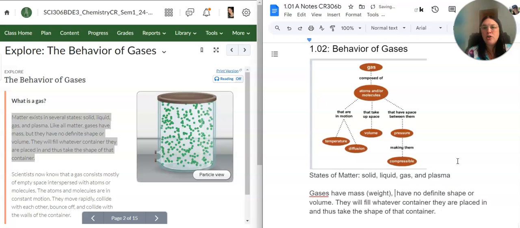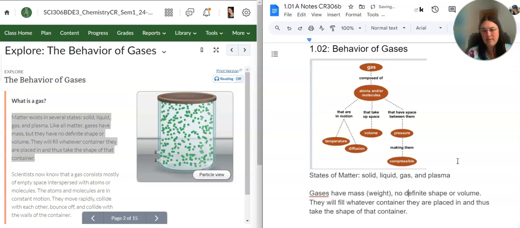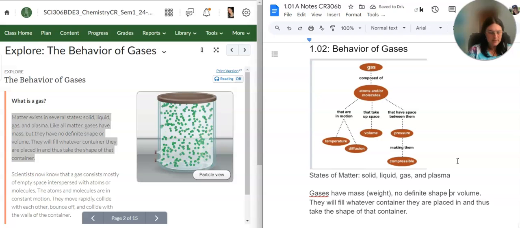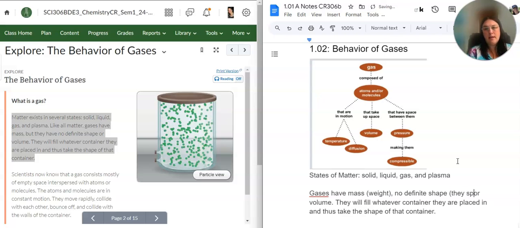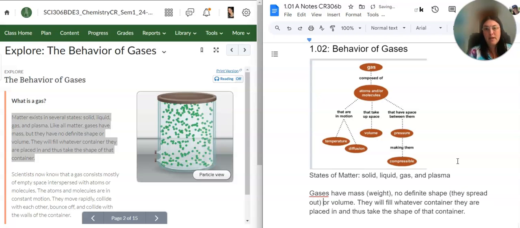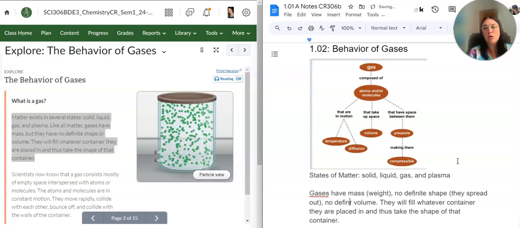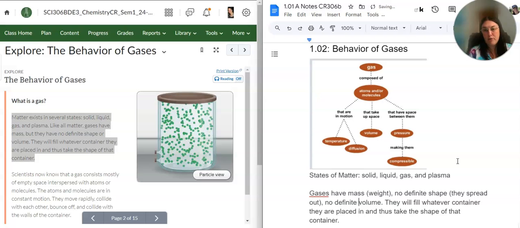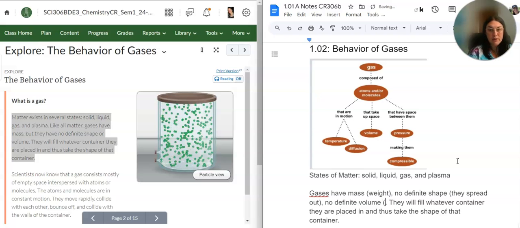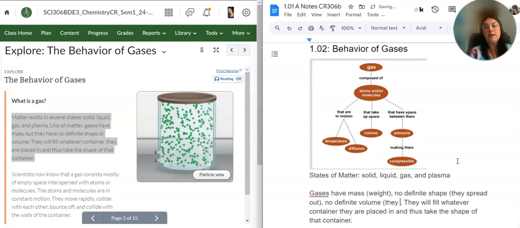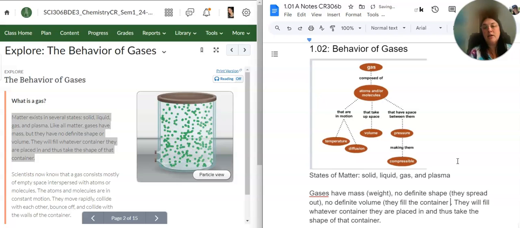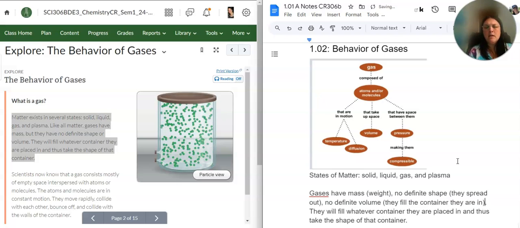And it says they have no definite shape. So no definite shape is just a fancy way to say they spread out. And then we also want to say no definite volume. So because they're spreading out, they fill the container they are in. So think about this.